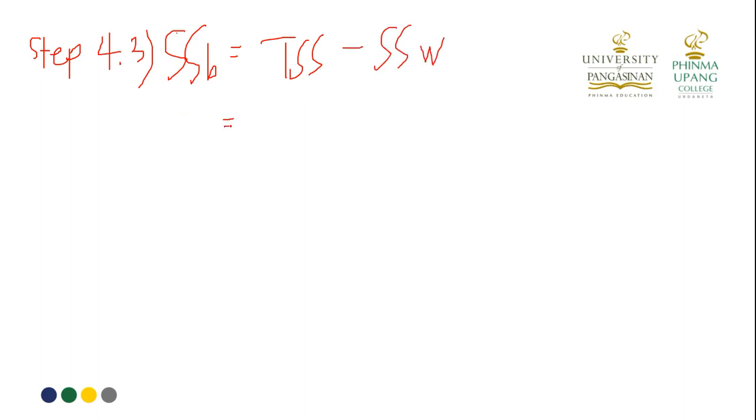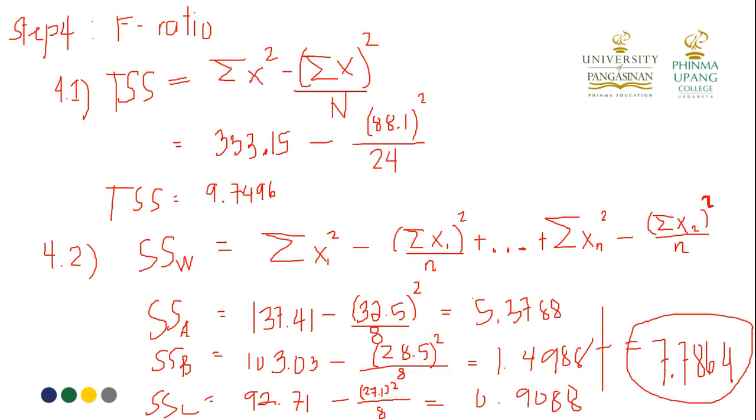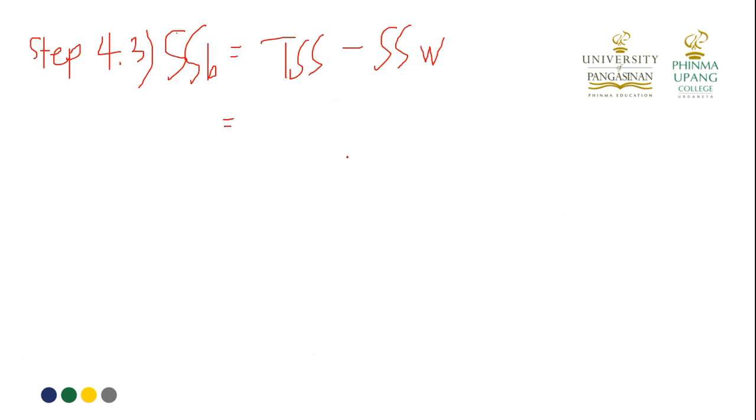Step 4.3. Yan yung kukunin natin yung SSB, TSS minus SSW. So, step 4.3, yung TSS natin dyan, nakuha na natin yan, 9.7496.